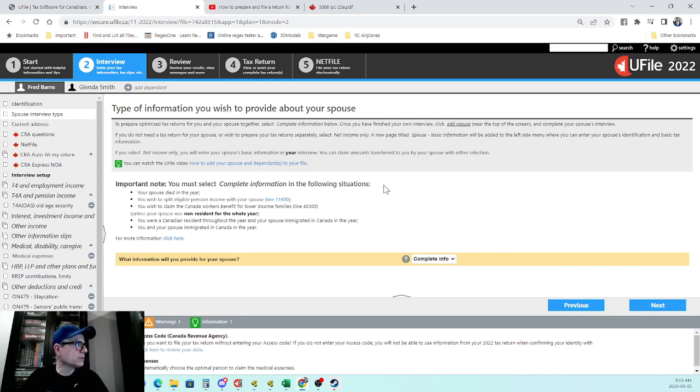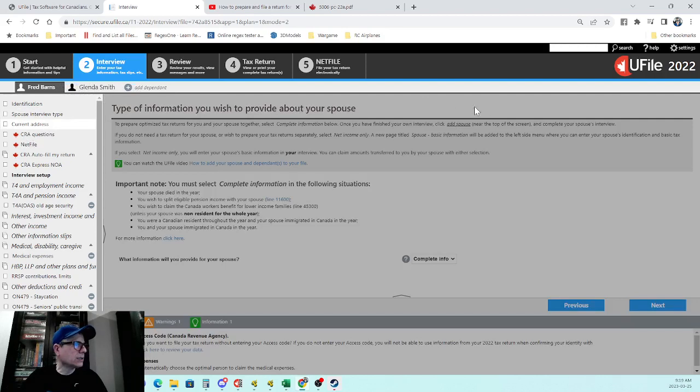The reason I do that is because I can have the convenience of filing both spouses from the same file, and at the same time I can be rest assured that UFile has all the information for both taxpayers. Therefore, the optimization and the sharing of credits can be done fluidly as opposed to with trial and error. Great. So I picked complete information, and then I added the spouse by clicking the Add Spouse button.